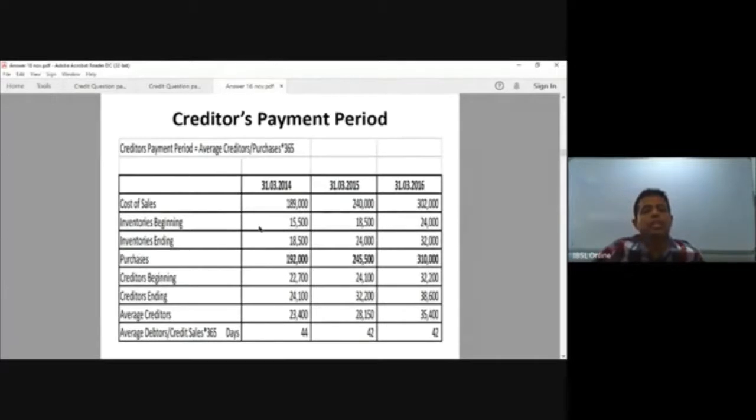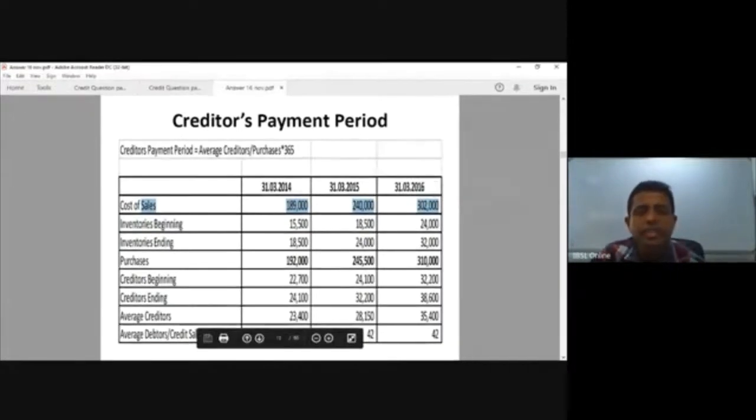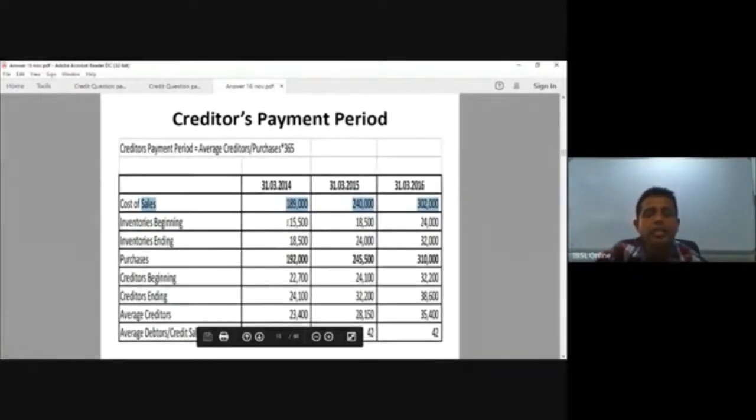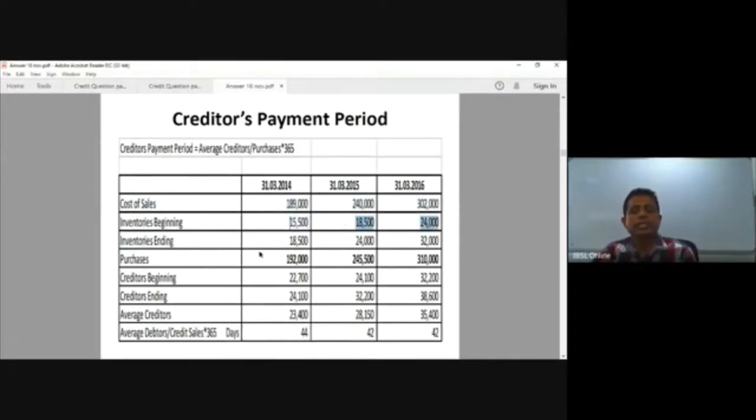Here, I took the cost of sales figures. Then I took the inventory figures, beginning. This you can also take from the balance sheet. Here 15,500 for 2015, I took it from note number 1, beginning inventory.